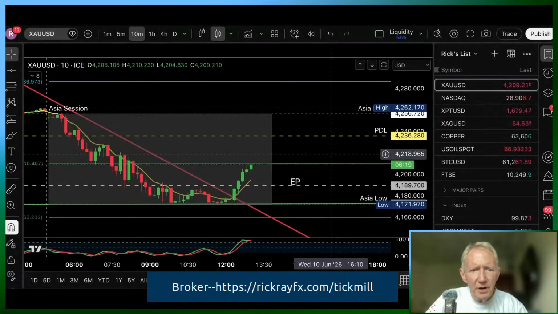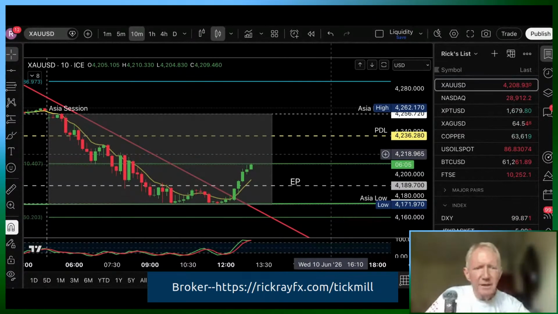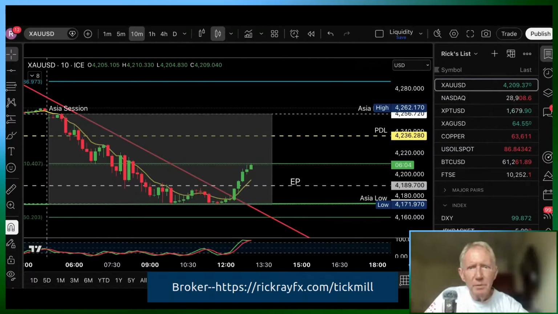So if you're in the trade, it could be a good place to take partial profit if that's what you do. We just touched 42.10. You want to take partial profit, move your stop loss to break even might be an idea. I don't do that. Some people do.